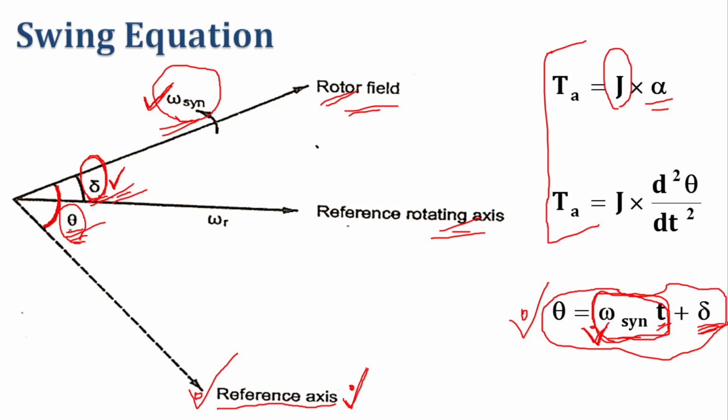So our angle is theta. So I can say that angular acceleration is given by d square theta by dt square. So Ta is equal to J into d square theta by dt square. Please make a note that d theta by dt gives only velocity, but over here we need the acceleration.